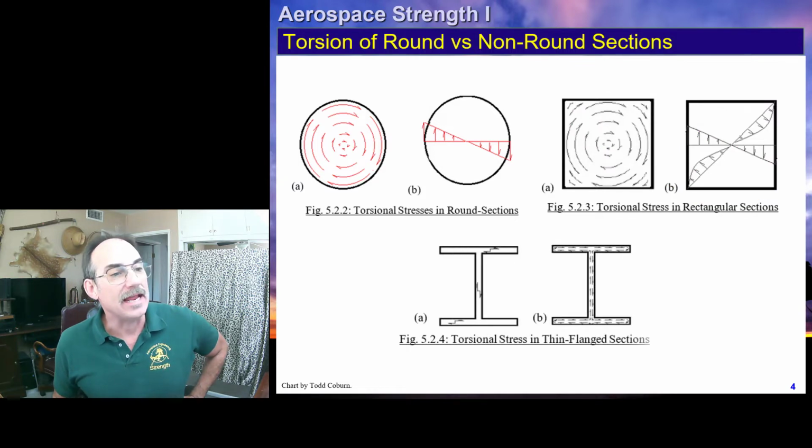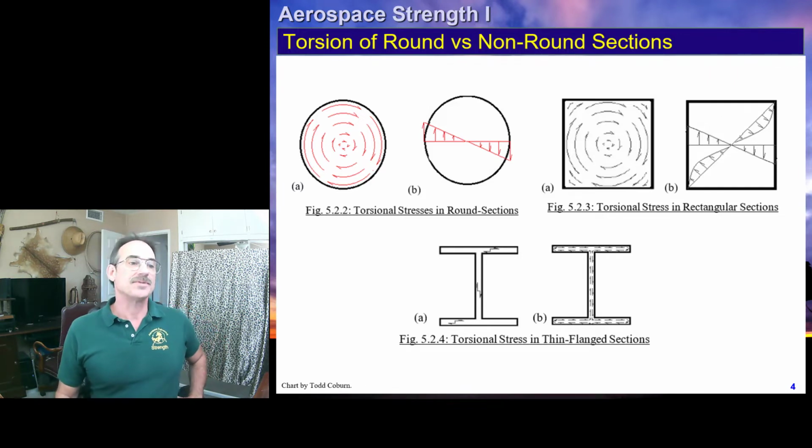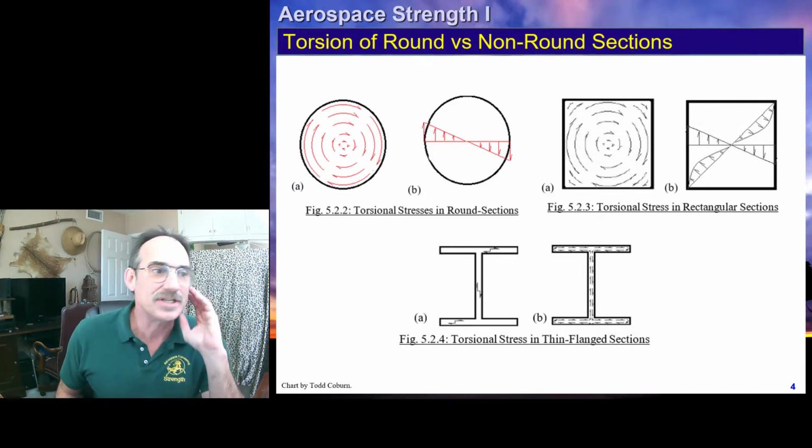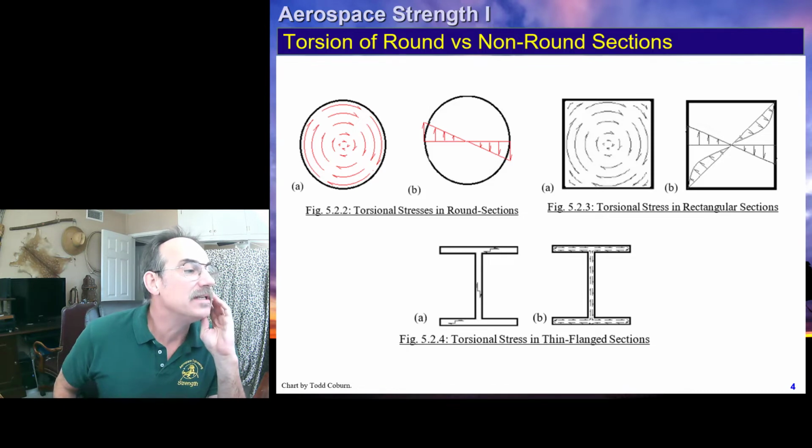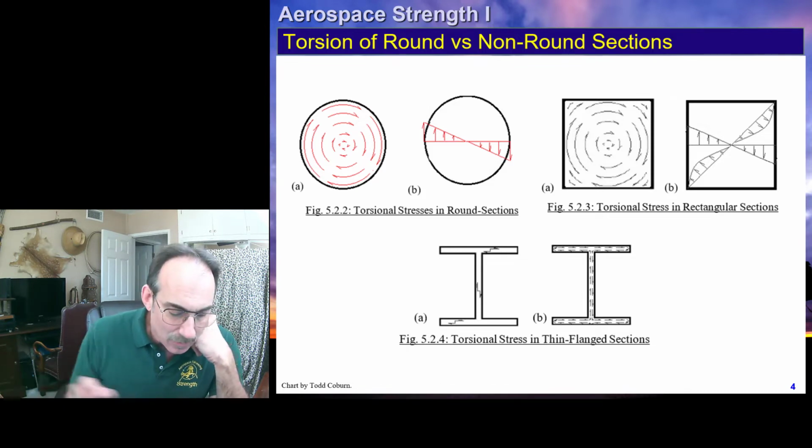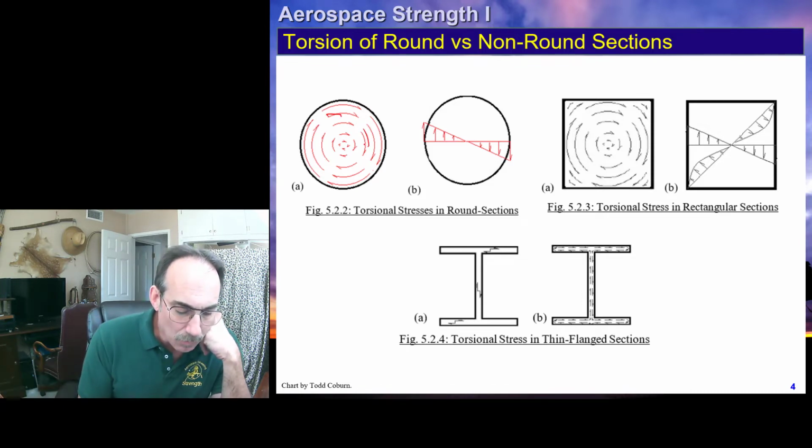Now, if we look at a thin-walled section, as we see in many lightweight structures like aircraft, once again, looking back, we notice that any stress can move around that round element and continue to be reacted by the next element.